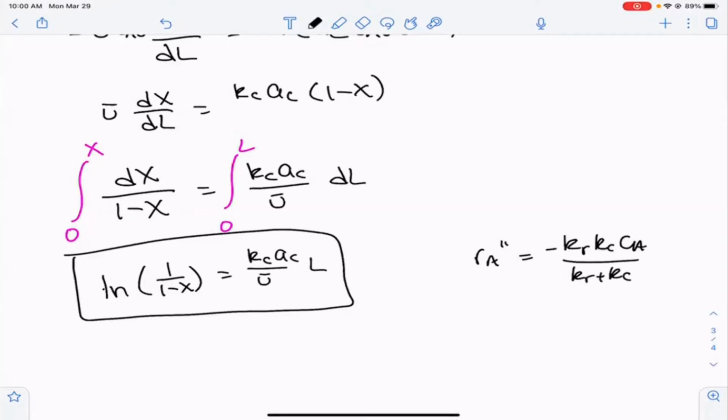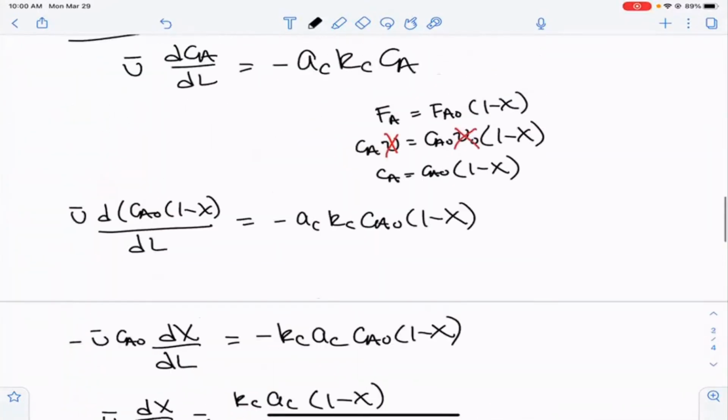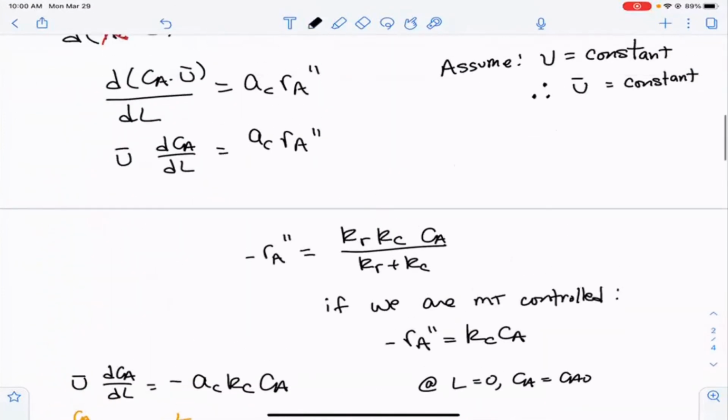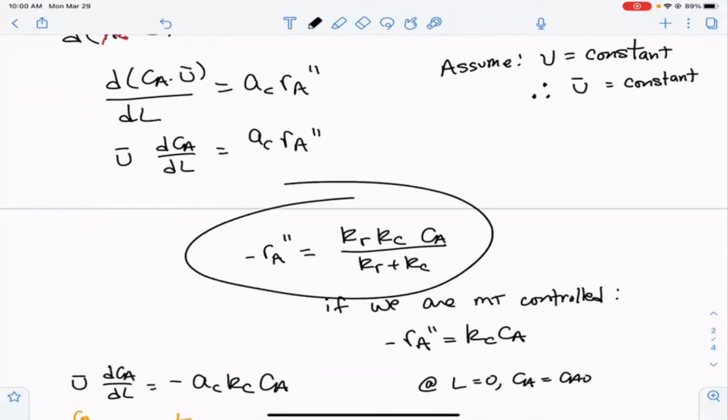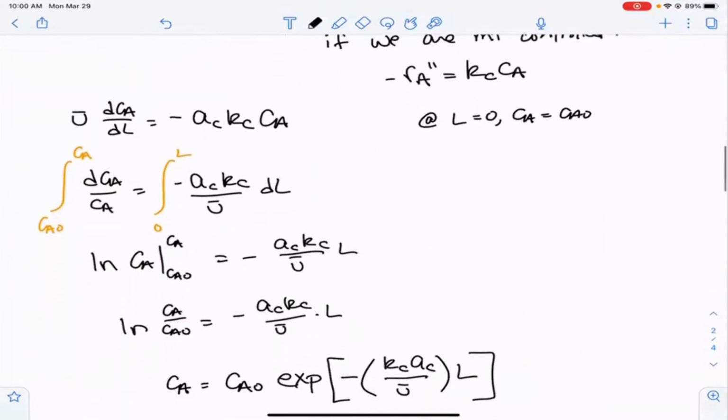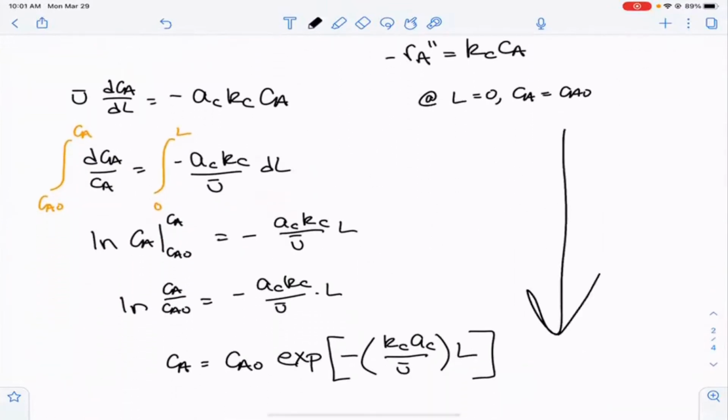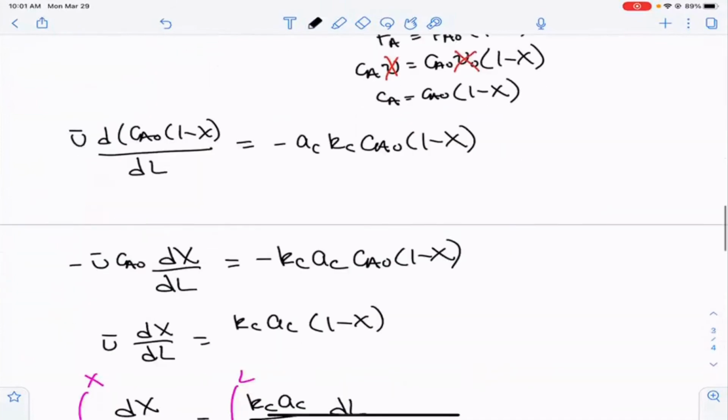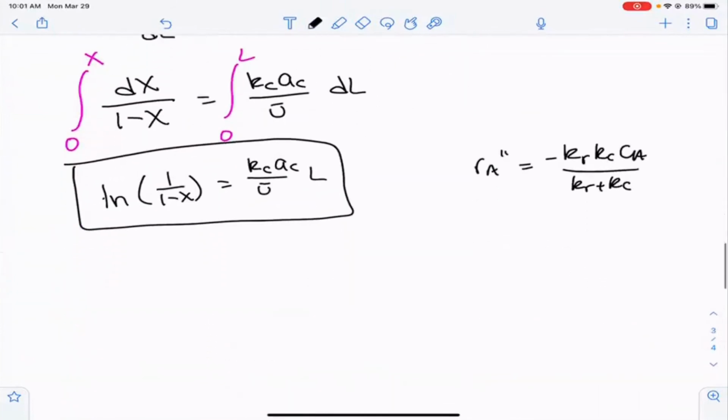We derived this in the last lecture, and we discussed it just a moment ago. We said that if we're mass transport limited, then this derivation follows, and all these things that we just did apply when we're only mass transport limited.